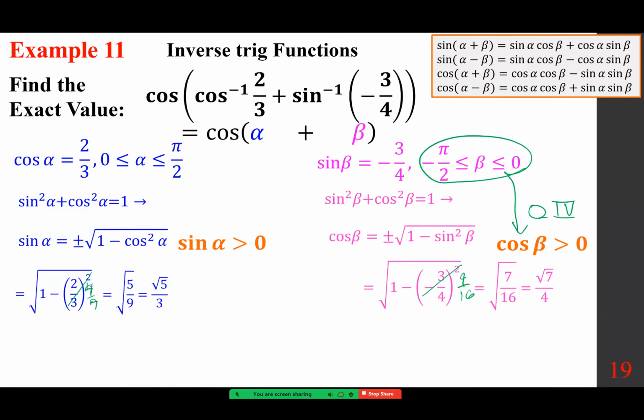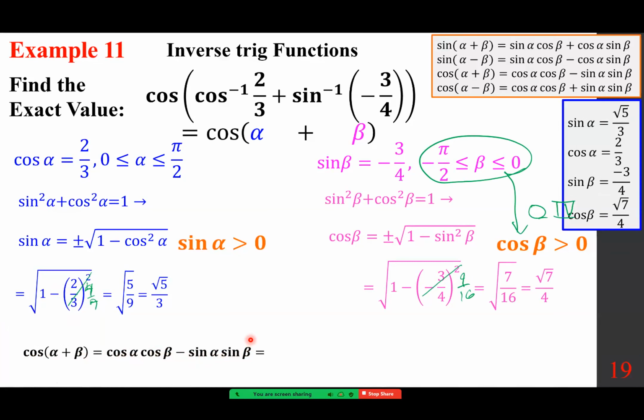Now we are ready to answer the question. Cosine of alpha plus beta is cosine alpha cosine beta minus sine alpha sine beta. Let's plug in. To plug in again, let's give everybody this table. So just plug in. The table helps because you're organizing your work. When we plug in, notice the denominator is 12 here and 12 here.